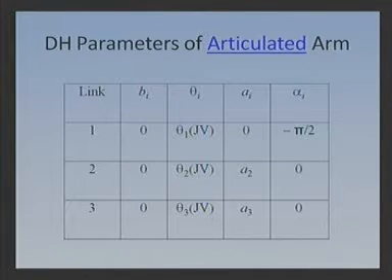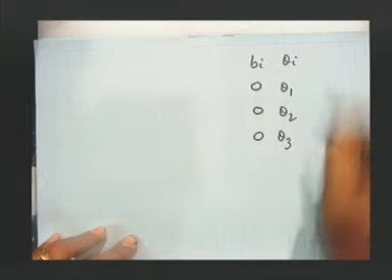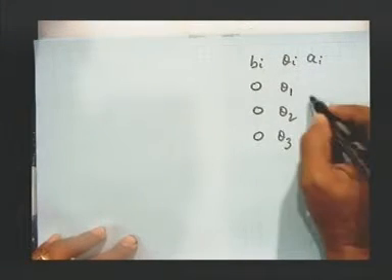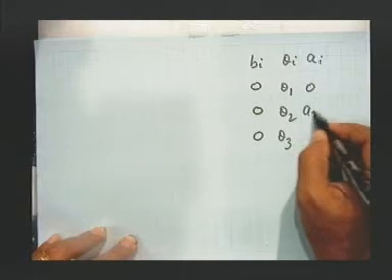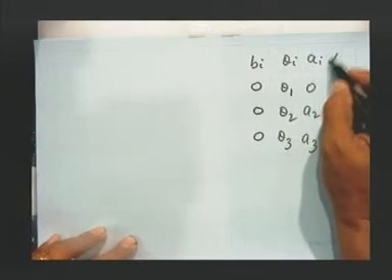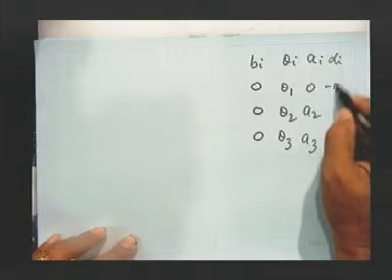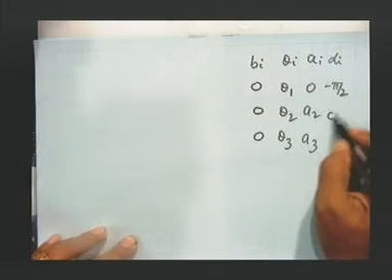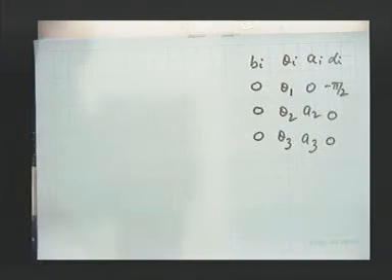Bi will be 0, 0, 0; theta i is theta 1, theta 2, theta 3, the joint variables; ai is 0, a2, a3; and then alpha i is minus pi by 2, 0, 0. So, I have noted it down for myself.